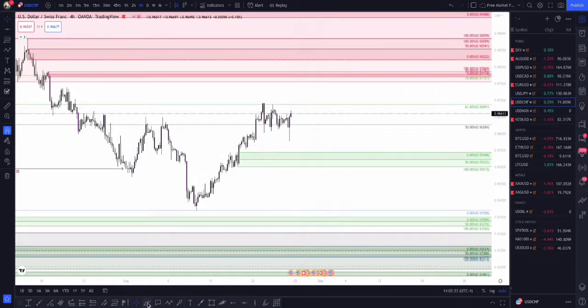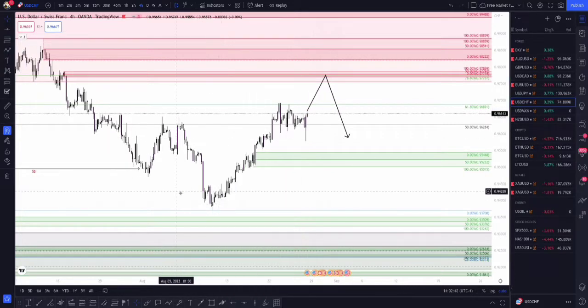So I'm looking for price to come up possibly into this unmitigated 4-hour supply, which is sitting in the institutional distribution. Look for my trade entry confirmation and take this to the downside. And we'll see if price wants to continue to the upside after that.